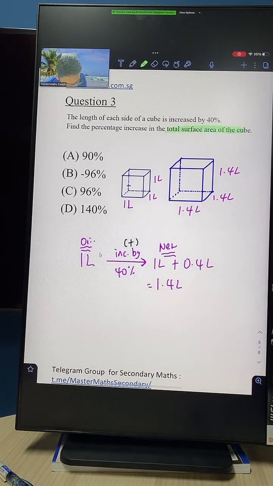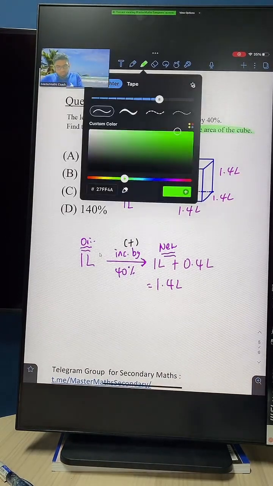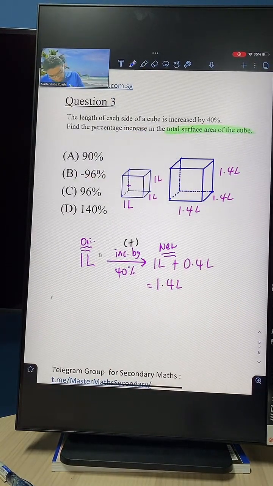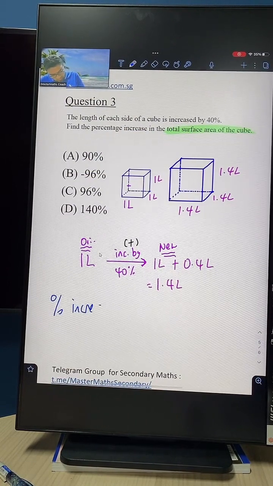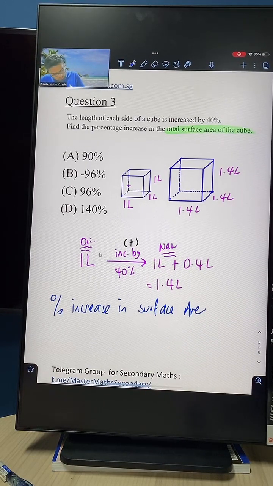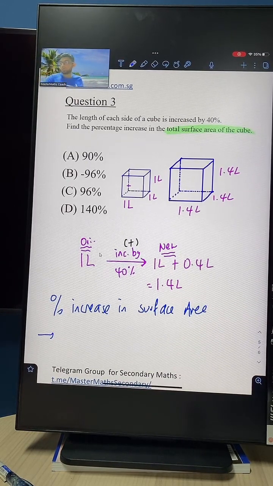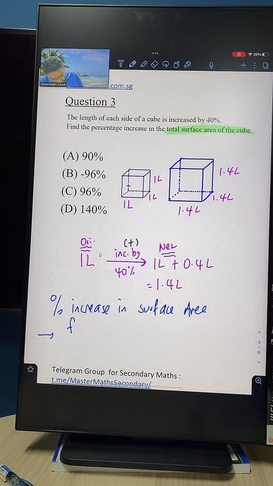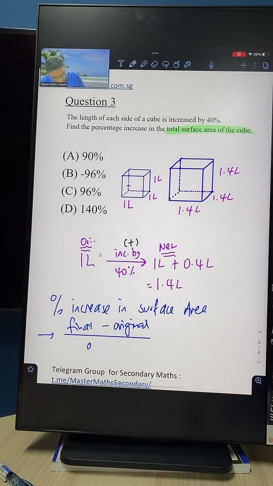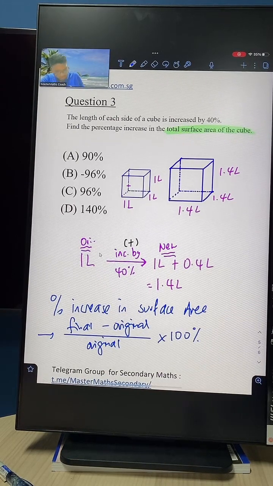We have the surface area that we are trying to find and figure out. Let's write the formula down. Okay, change color first. So percentage increase in surface area equals final value minus original value, everything divided by the original value, times 100%.